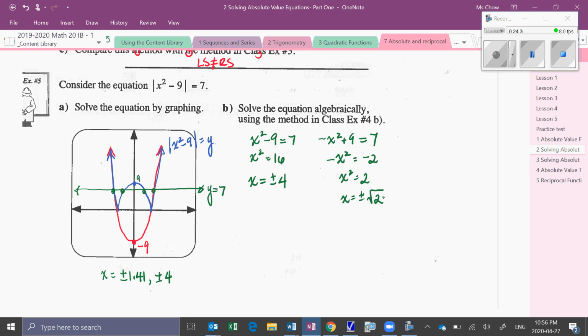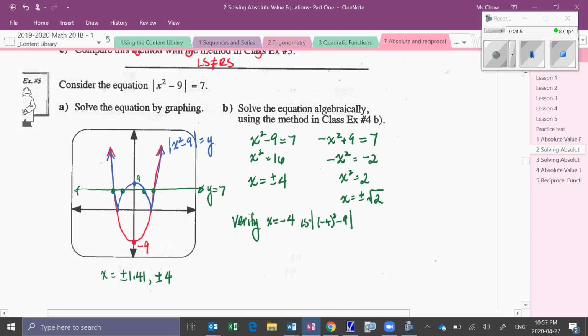So just to go through our verification, it's a bit of a pain, but we have 4 verifications to do. So if we verify x is equal to negative 4, back into that original equation, the absolute value of negative 4 squared minus 9 is on the left side.